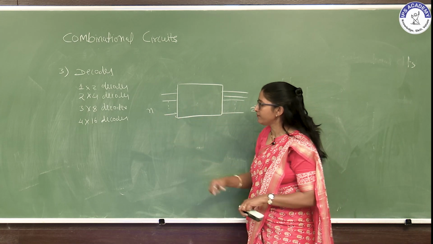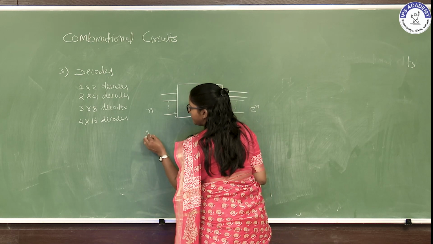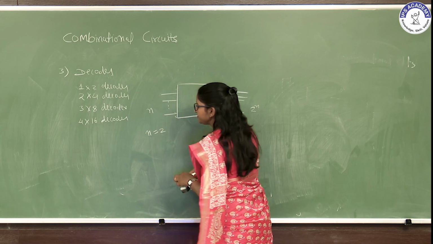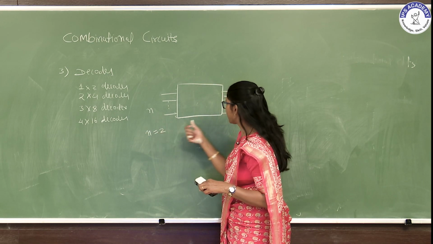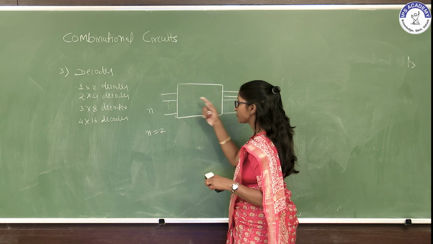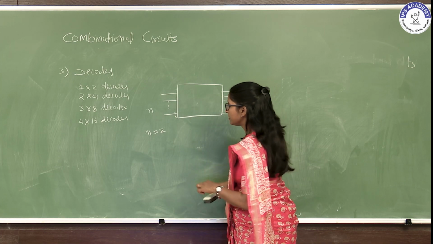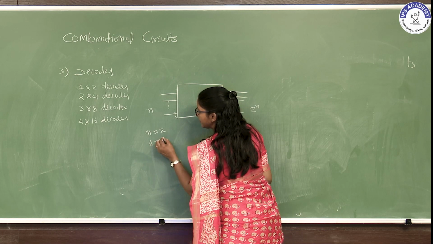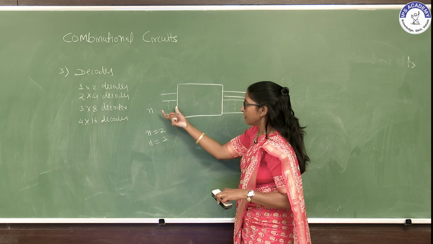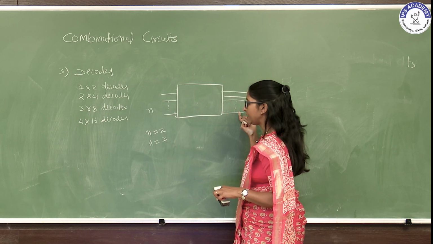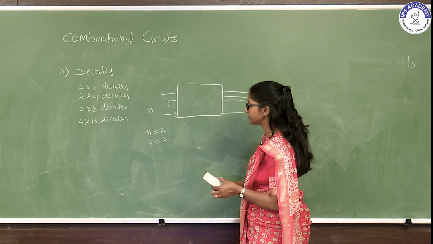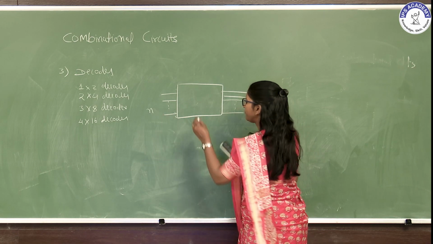Suppose the value of n is 2, so 2 raised to 2 means 4, so 2 inputs 4 outputs. When n equals 3, it is 3 inputs 8 outputs and so on. So we can find out the value of the decoder.